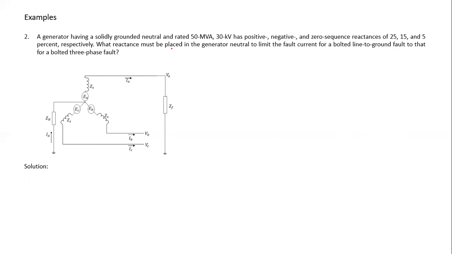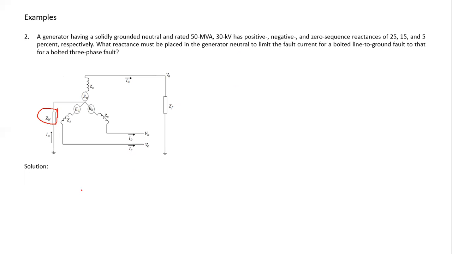What reactance must be placed in the generator neutral to limit the fault current for a line to ground fault to that for a three-phase fault? So we are asked to find the value of the generator neutral impedance, ZN, so that the line to ground fault is equal to the three-phase fault.